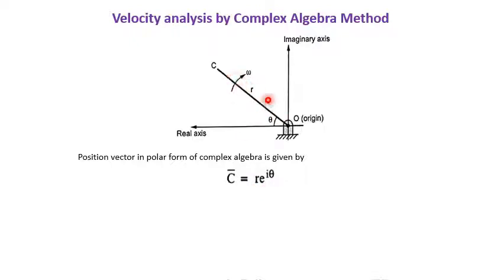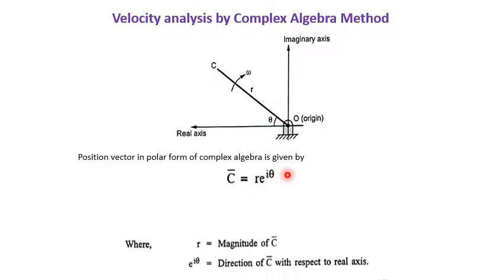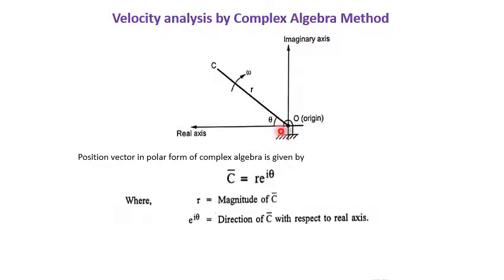So real part is the magnitude whereas imaginary part is the direction. Here R represents the magnitude of this link OC, whereas e to the power of I theta represents the direction of this link OC with respect to the real axis.